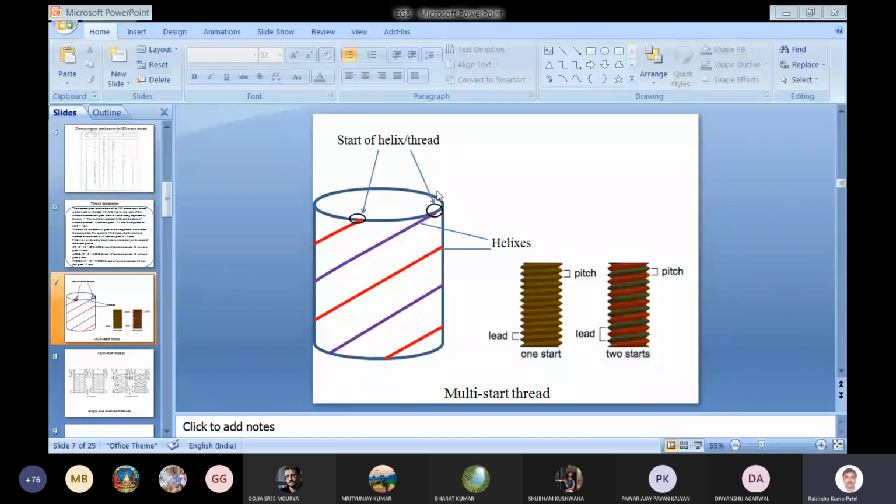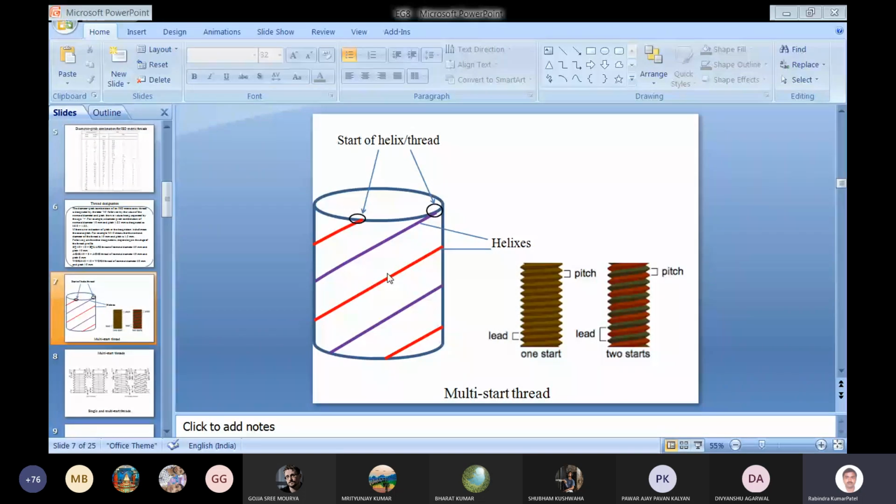So here in this figure, you can see there are two lines. One is a red line, another is a purple line. These two lines are on the surface of the cylinder, and they are making helices.